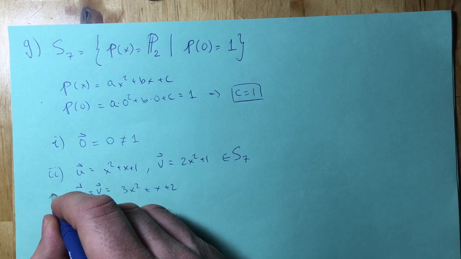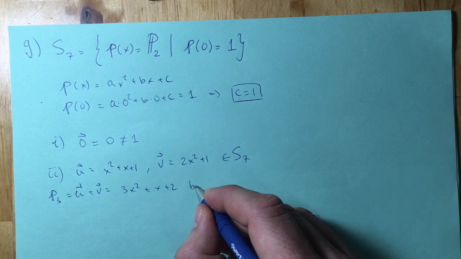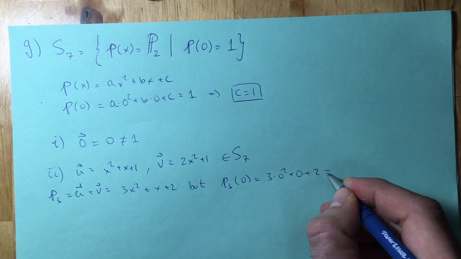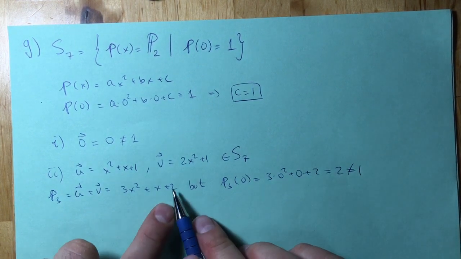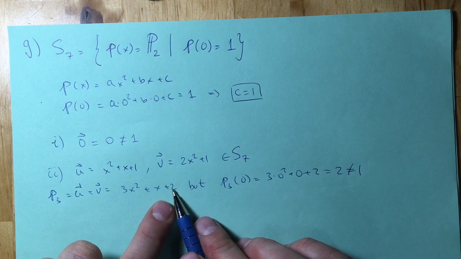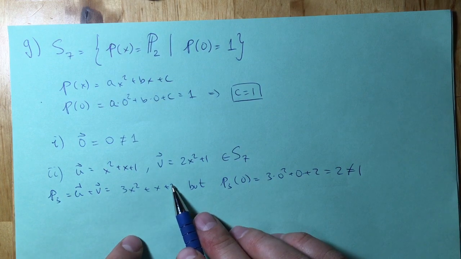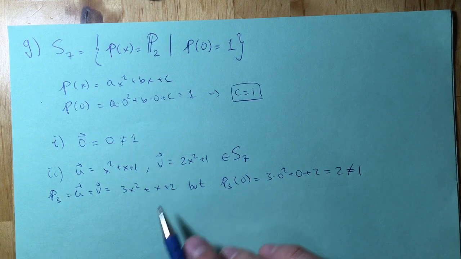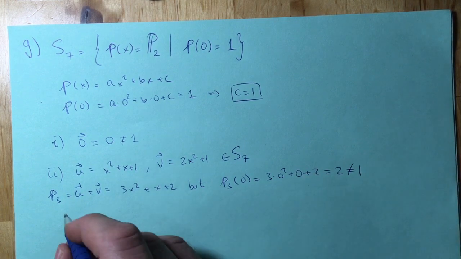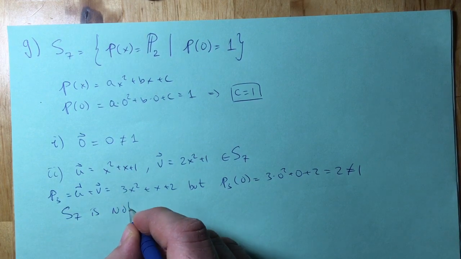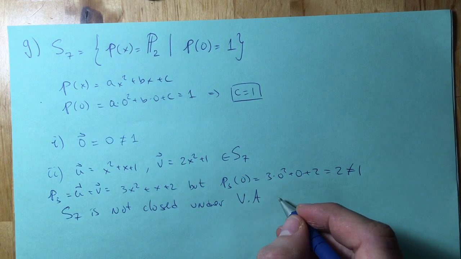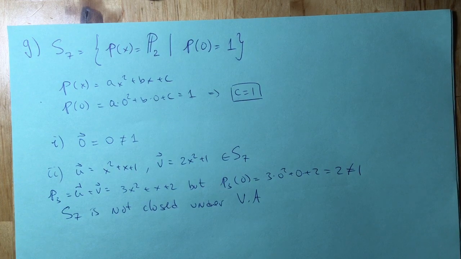Let's call this polynomial, let's say P3, but P3 evaluated at 0 is 3 times 0 squared plus 0 plus 2, which is 2, and not equal to 1. Simply, the sum of two polynomials in S7 doesn't have constant term 1. In this particular case, it's 2. So S7 is not closed under vector addition, and this is another reason why this is not a subspace.